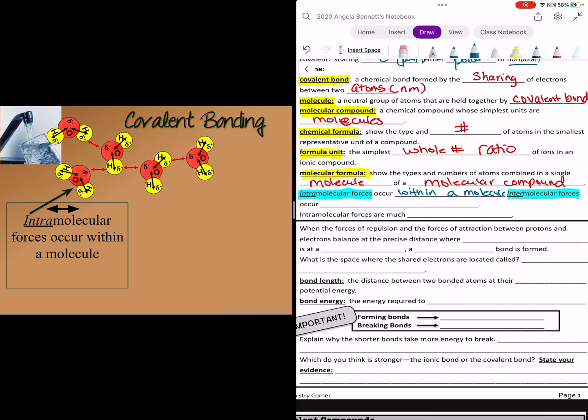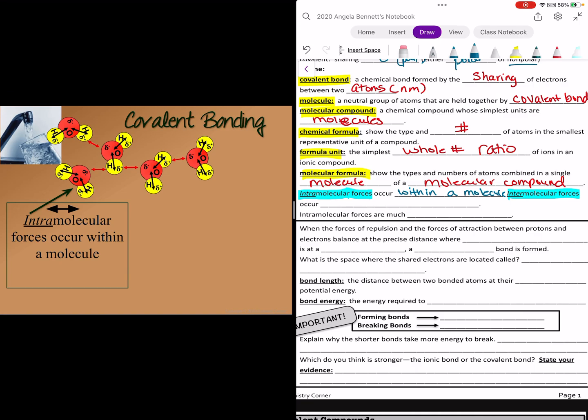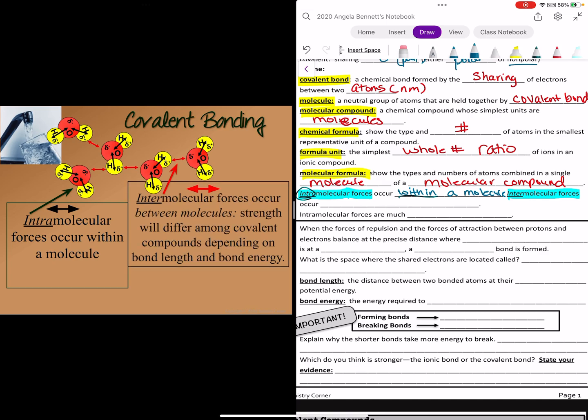So the intramolecular forces are the force between the hydrogen that is bonded with the oxygen in a water molecule, and the oxygen to the hydrogen. That is within the actual molecule. It's inside. The prefix intra means inside or within.